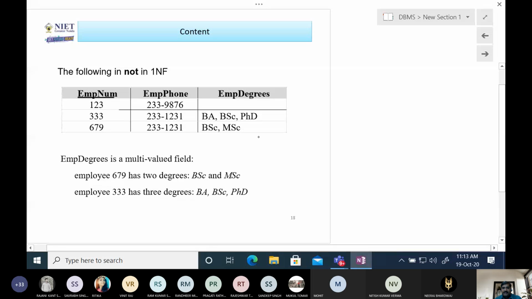Then please let me know whether this employee table is in first normal form or not in first normal form. Please let me know. And why?